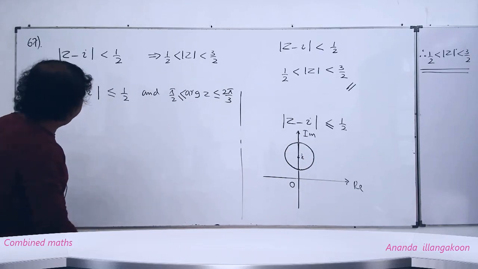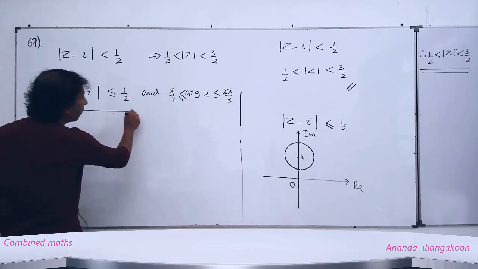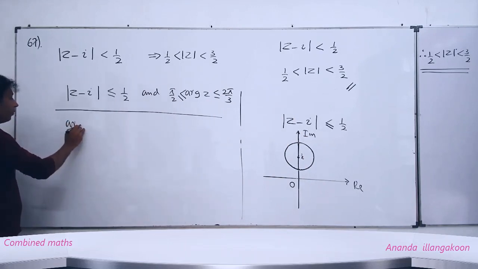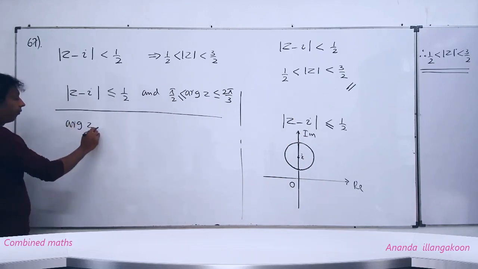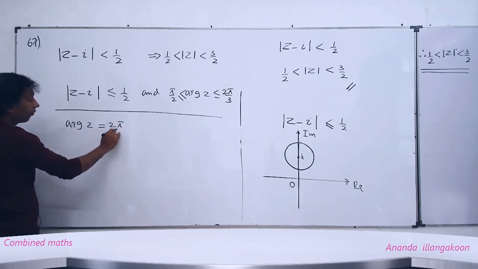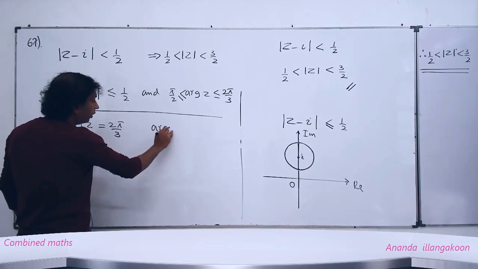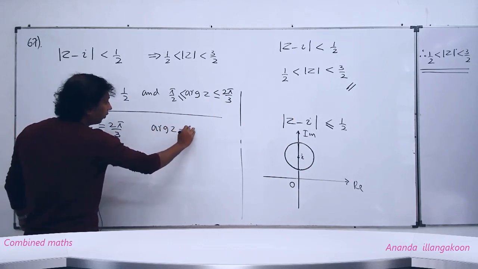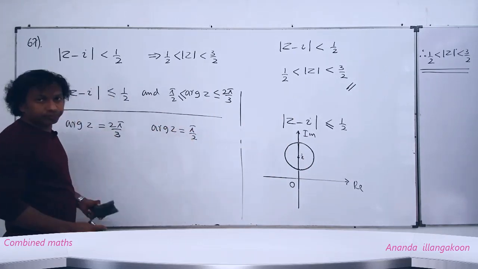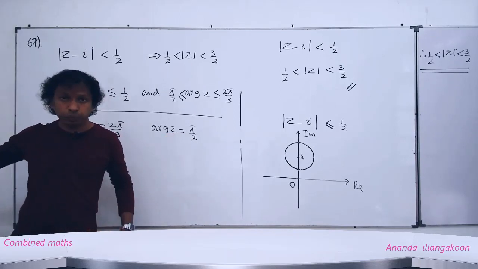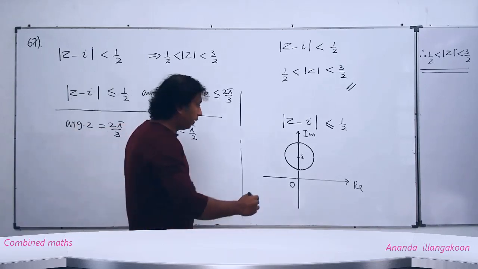Now, the next thing we need is arg Z equals 2π/3. First we take arg Z equal to π/2. Complex numbers whose argument is π/2 lie on the imaginary axis.